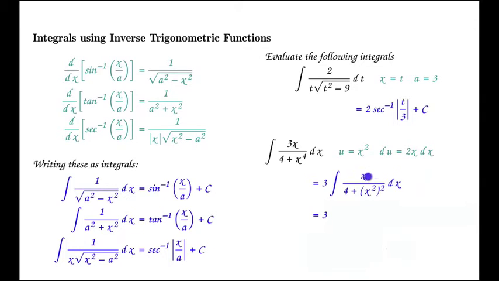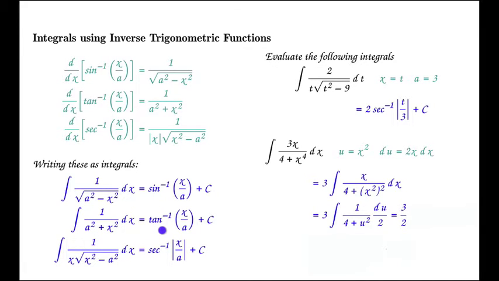So I will replace the x dx with du over 2, and the rest of my fraction becomes 1 over 4 plus u squared. Factoring out that 2, I get a 3/2, and I'm now in the correct form to have an inverse tangent function as an answer.